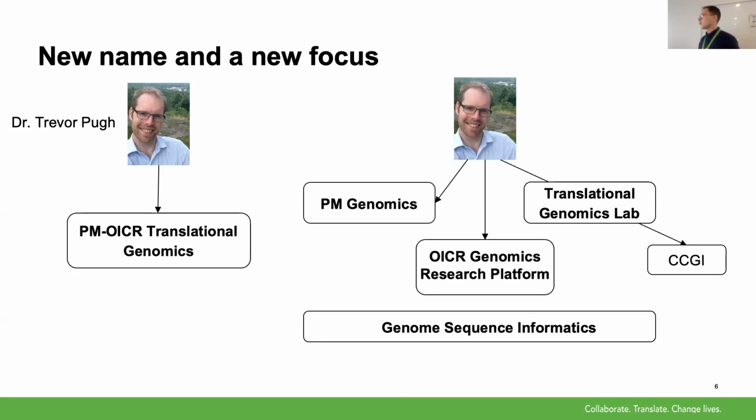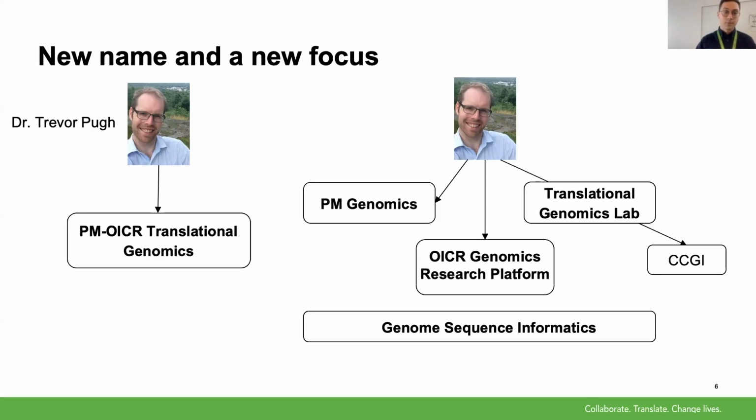There's a bit of a new structure here at OXCR, which many of us are aware of. Trevor is now the director of genomics, and he takes care of Princess Margaret Genomics, the OXCR Genomics Research Platform, and the Translational Genomics Lab. And I guess my group sits somewhere in there. I hope I got it correct.